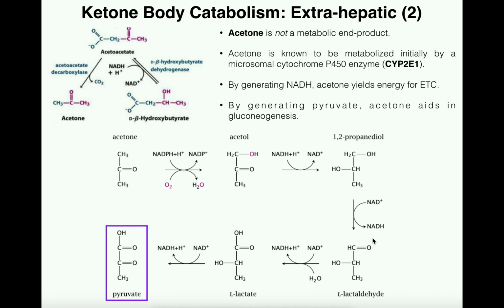All right. And that's going to occur through oxidation. So the NADH we just used, we're going to get right back. This hydroxyl over here, rather, is going to be oxidized into an aldehyde, which we see right here, characteristic of L-lactaldehyde. And then L-lactaldehyde is going to be oxidized into a carboxylic acid over here.